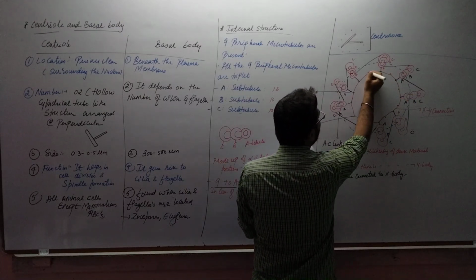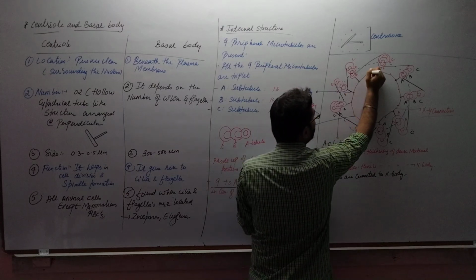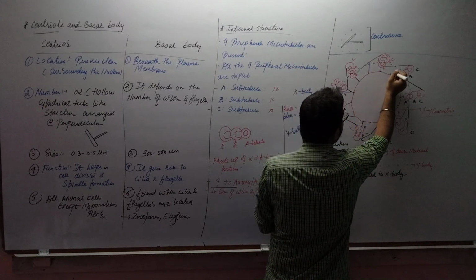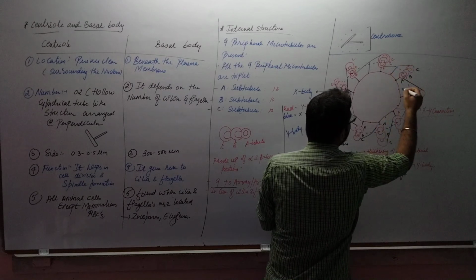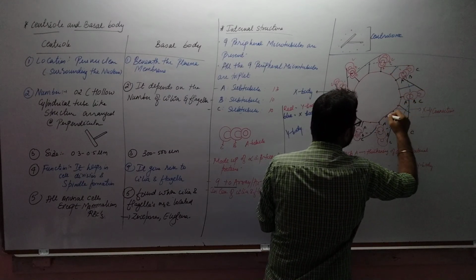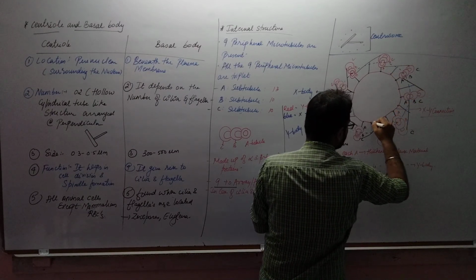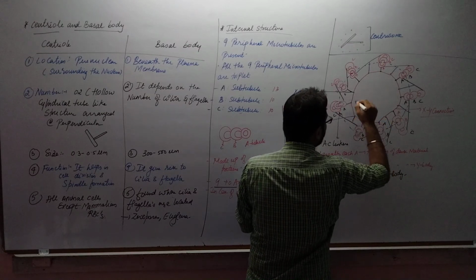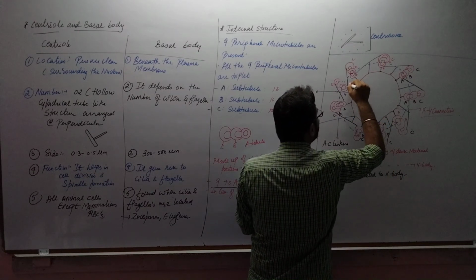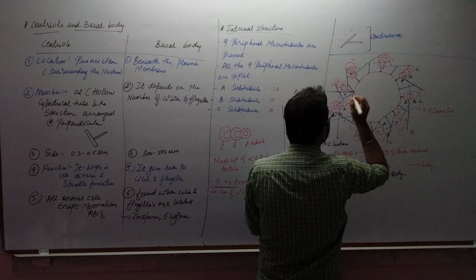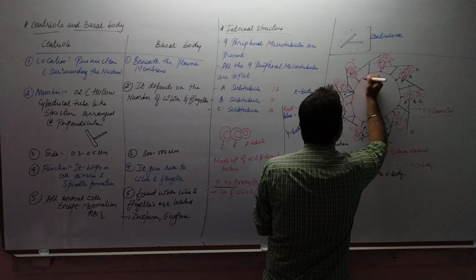So all these Y, that is the red dotted structures, are connected to the AC linkers. So let us draw the AC linkers. This is AC linker like that. Okay, all the Y, this is X body.